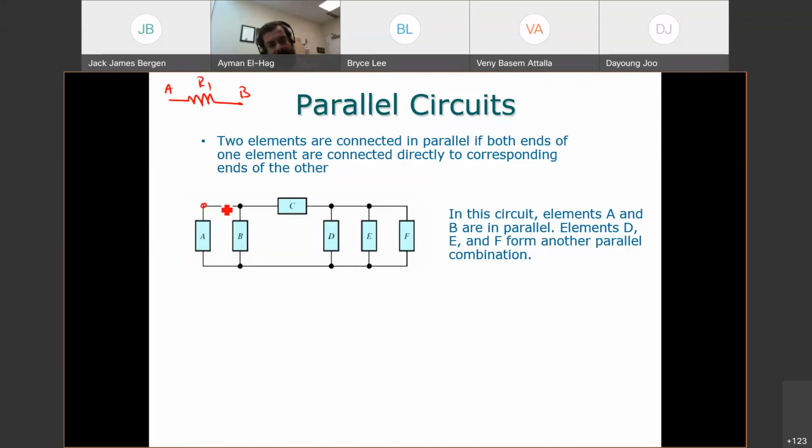Why? Because there is no element here. So this node and this node are the same. Also here, this node and this node are the same. So you can see that A and B share the same two nodes. Their two nodes are shared together. Then A and B, we call these two in parallel.